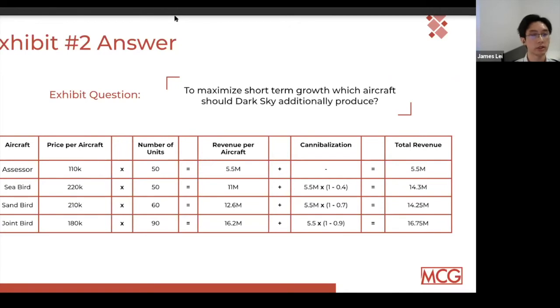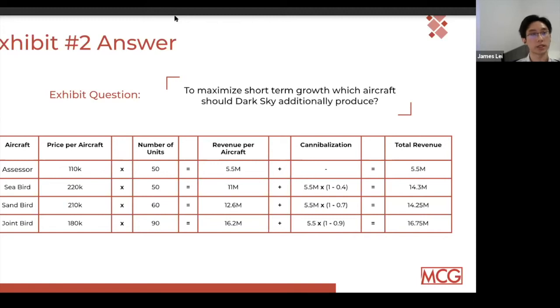Pursuing the Seabird, we know that the Seabird will be priced at 220,000 per aircraft, and we're projecting 50 sales to the Navy exclusively, giving us a total revenue on that side of 11 million. However, because of the cannibalization figure, we have to discount some potential sales from the Assessor instead of just adding 5.5 million to that figure, because we're only losing some portion of the Assessor sales.